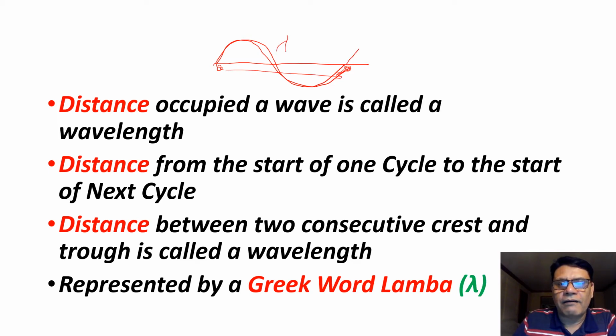Where the first wave comes to an end, the second wave starts. So there is a third definition of wavelength: wavelength is the distance from the start of a wave to the start of the next wave.